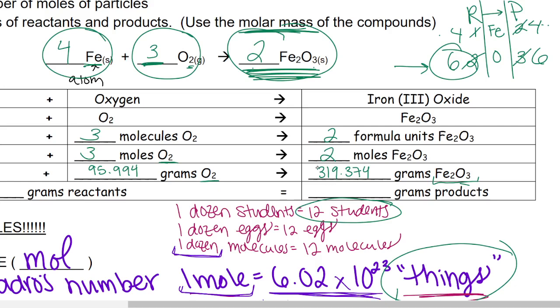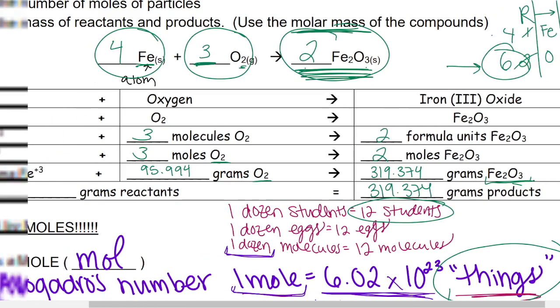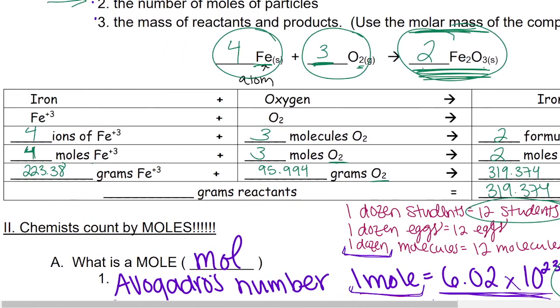So since this is the total mass of that entire thing, that is the entire mass of all of your products. So you can just copy that number, 319.374, down to the mass of all of your products. I know that the law of conservation of mass tells me that the mass of all of my reactants should equal the exact same thing, but we can prove that by taking these two numbers that we calculated, the 223.38 plus 95.994.